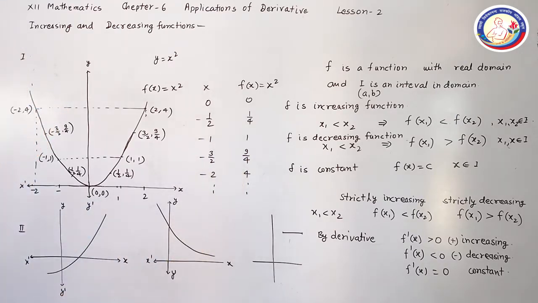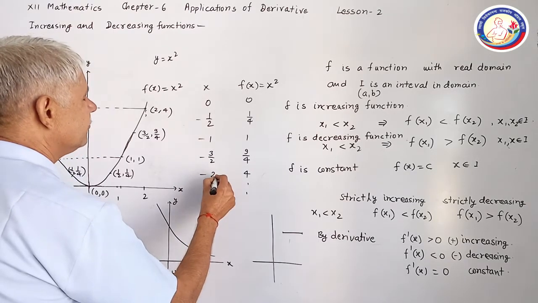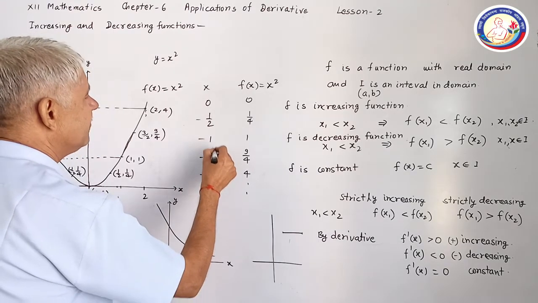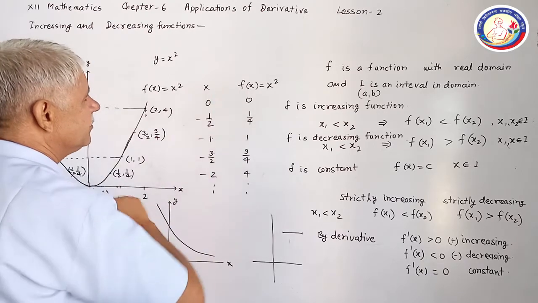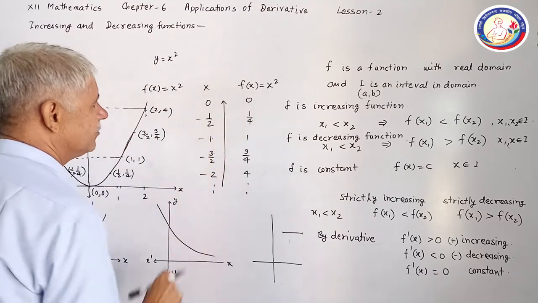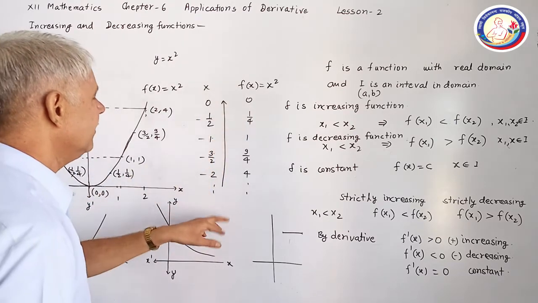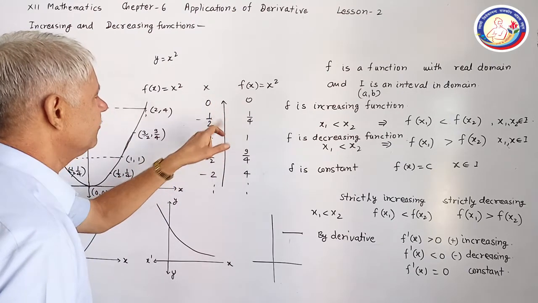The value of function is decreasing here because minus 2 is less than minus 3 by 2, minus 3 by 2 is less than minus 1, minus 1 is less than minus 1 by 2, minus 1 by 2 is less than 0. These are in descending order. 0 is greater than minus 1 by 2.